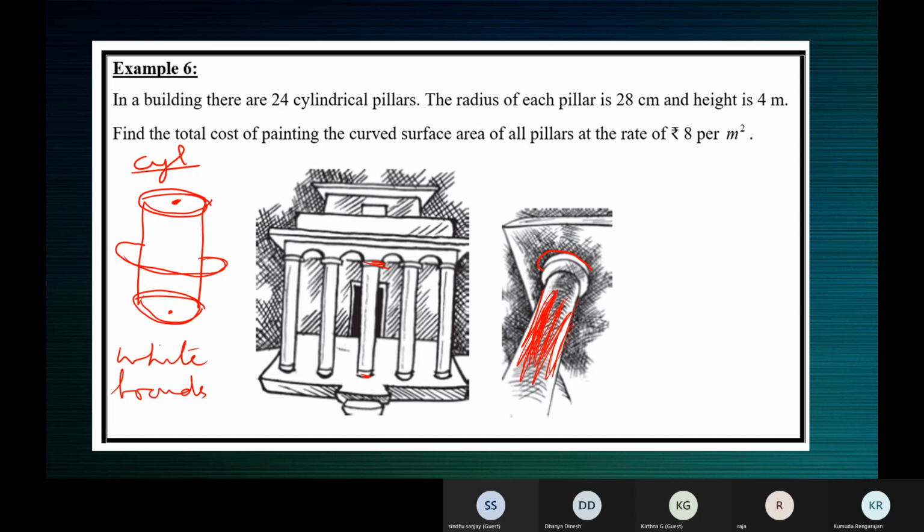Just think of a cylindrical sketch pen or a whiteboard marker. It is cylindrical with the cap, I'm saying. Don't remove the cap and ask me. With the cap, when you buy it from the shop, it is cylindrical.